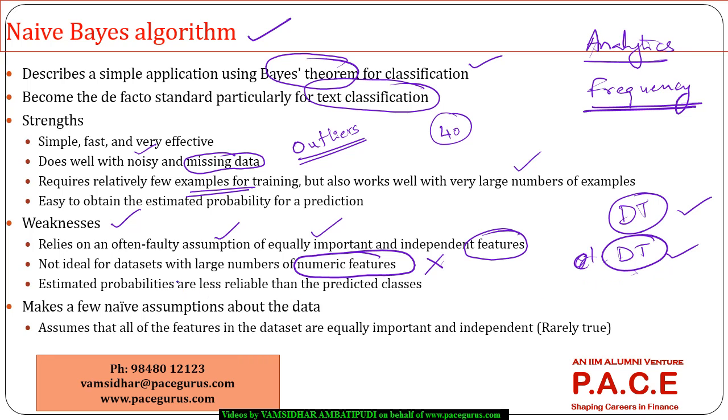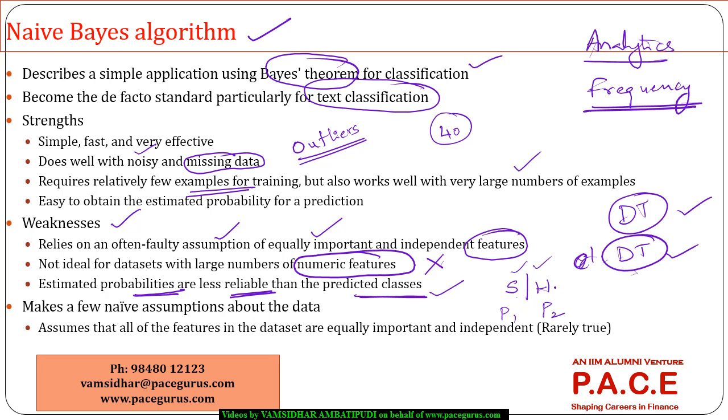Another weakness is that the estimated probabilities are less reliable than the predicted class. It can do the class prediction much better, whether a particular mail will belong to spam or ham. It can do the classification much better. But if I want to say what is the probability that it will belong to spam and what is the probability that it will belong to ham, then there will be an issue.